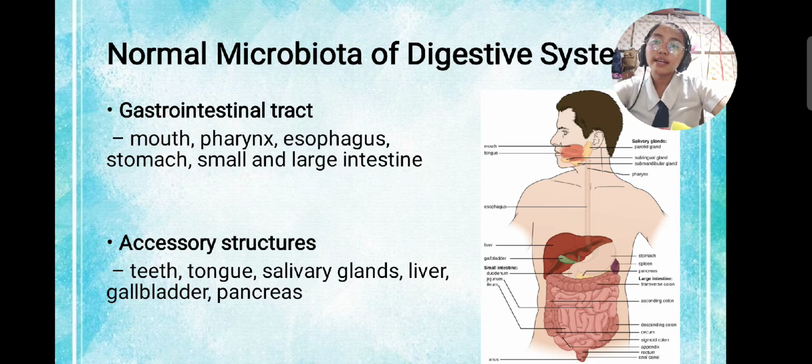These organs include the mouth, pharynx, esophagus, stomach, small intestine, and large intestine. The accessory structures are the teeth, tongue, salivary glands, liver, gallbladder, and pancreas.